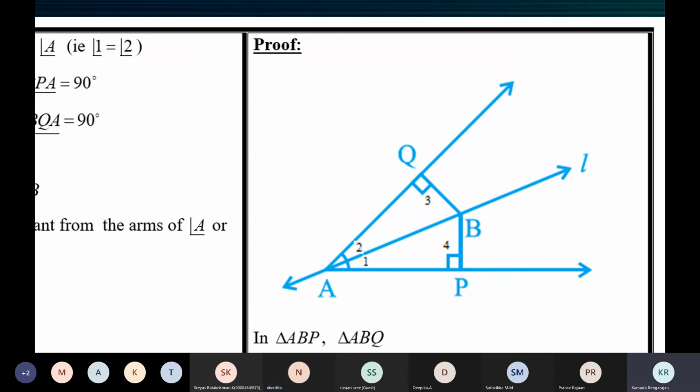Once you prove that the triangles are congruent, AP will be equal to AQ. That you cannot write now. Once the triangles are congruent, later, yes, you can say that they are equal because they're the corresponding parts of the congruent triangles. But now you don't have a reason. Before you prove that the triangles are congruent, since it's not given, you cannot use that information.